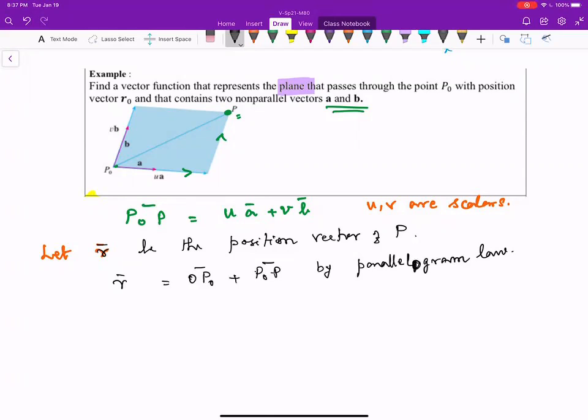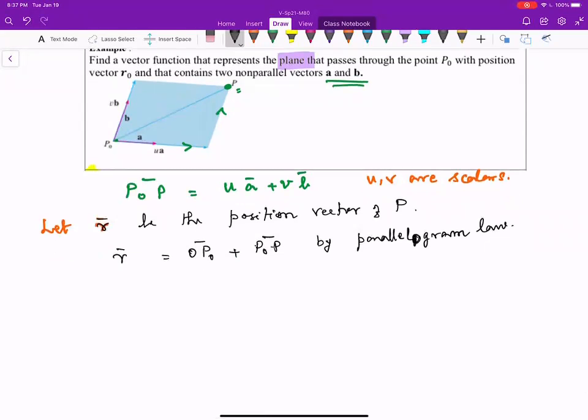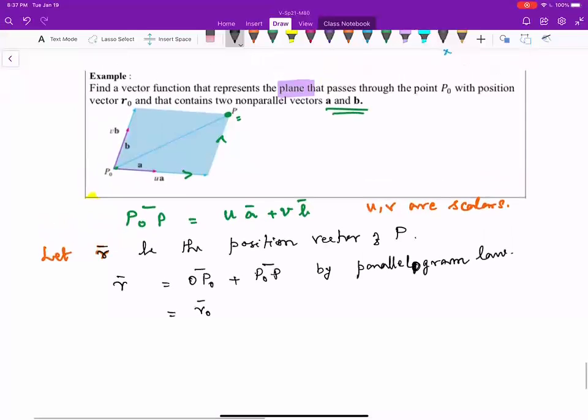So R, the position vector of the point P, is OP0 plus P0P. OP0 is given to have the position vector R0. The point P0 has position vector R0, which is given in the problem. So R0 plus P0P, and P0P from what we have written earlier is uA plus vB.